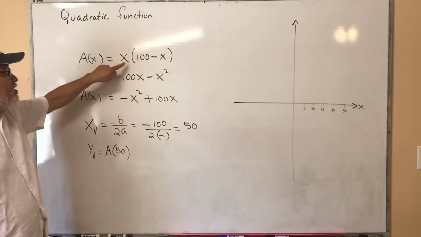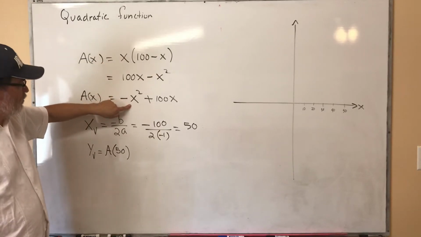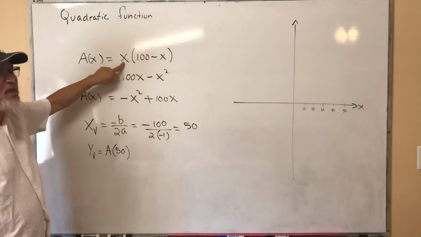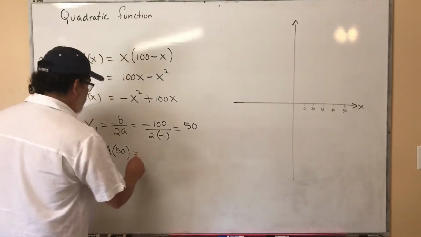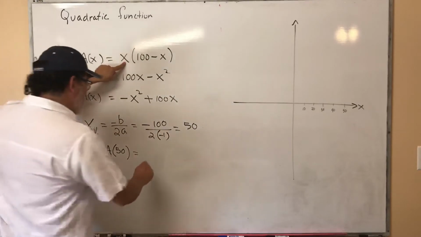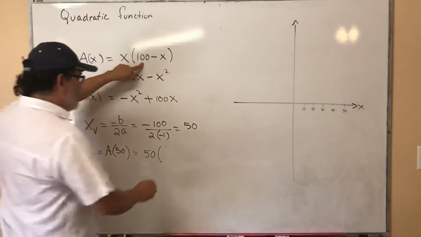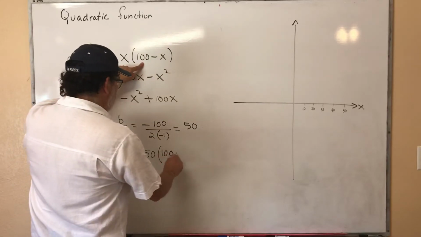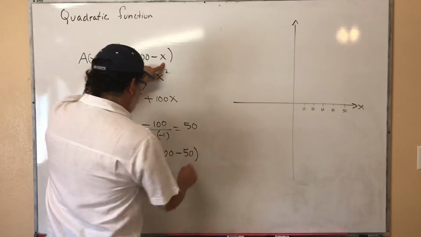It doesn't matter because this and that are the same function. If you plug it in here, I think it's going to be easier. Okay? So therefore this equals, I see a 50 there, times, I see 100 there, minus, and I see 50 there because x is 50.